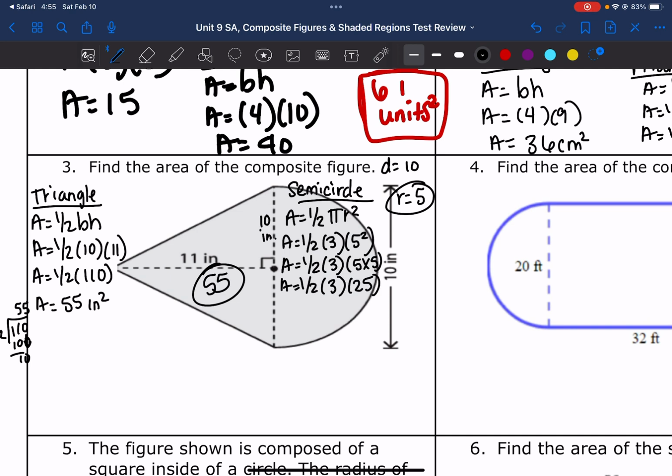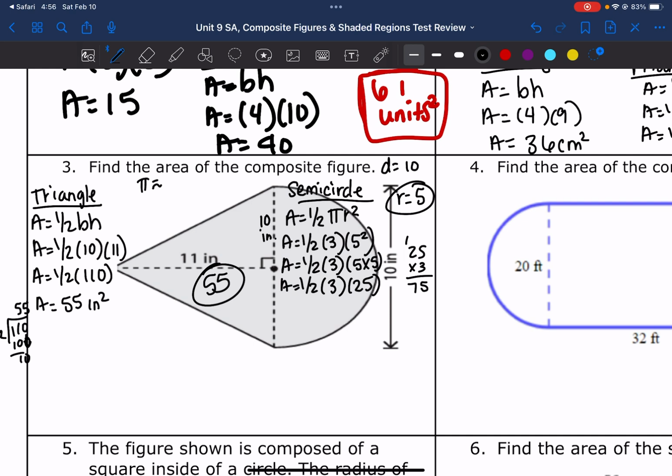Okay, then I have to multiply 25 times 3. 5 times 3 is 15. 3 times 2 is 6, plus 1 is 7. Now, I'm going to take this moment because we are working with pi, finding the area of circles, that pi is not 3. It is 3.14.